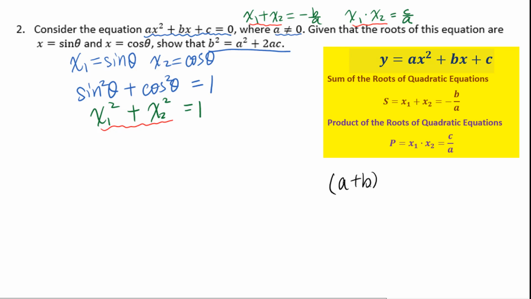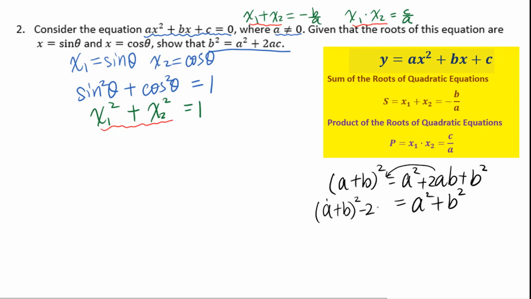We do know the property a plus b squared equals a squared plus 2ab plus b squared. So a squared plus b squared equals a plus b squared minus 2ab, subtracting 2ab from both sides.